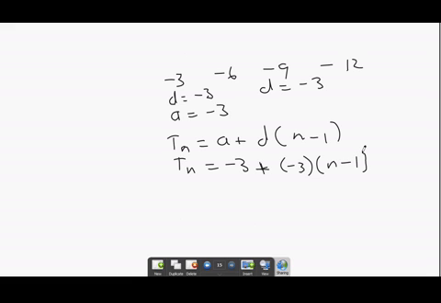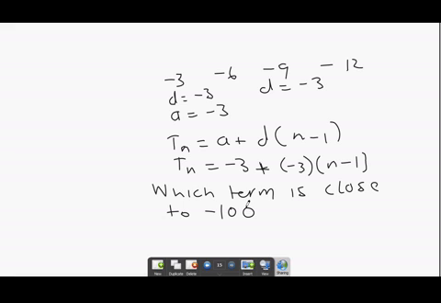Now, I'm just going to use this formula the way it is. Notice how I've got the negative 3 in the bracket. I'm not going to change it because it might cause me to simplify it wrongly. So now let's say they said find which term is close to negative 100.